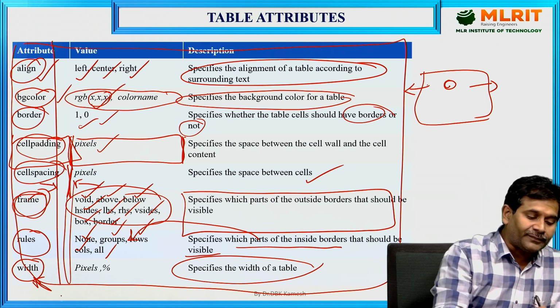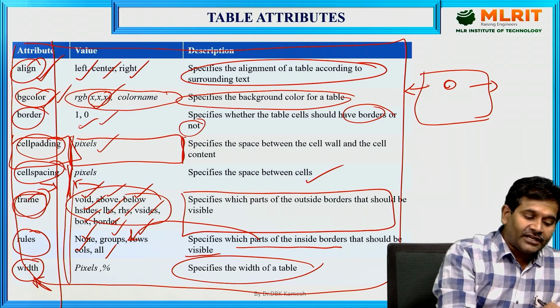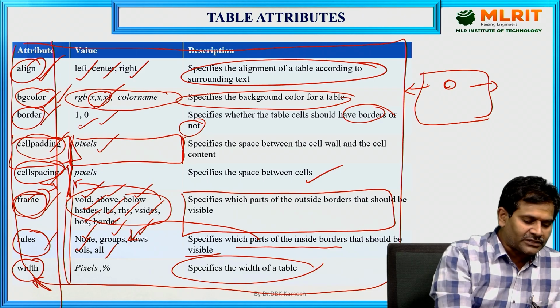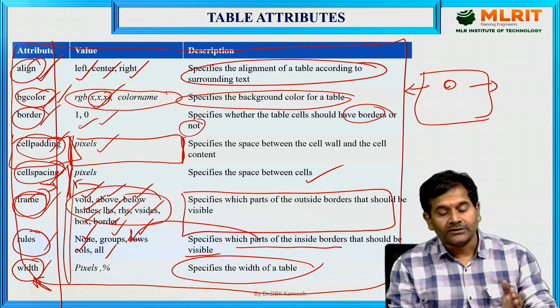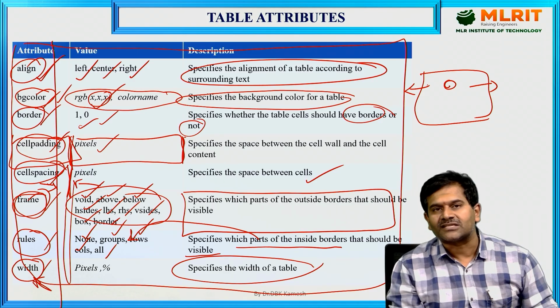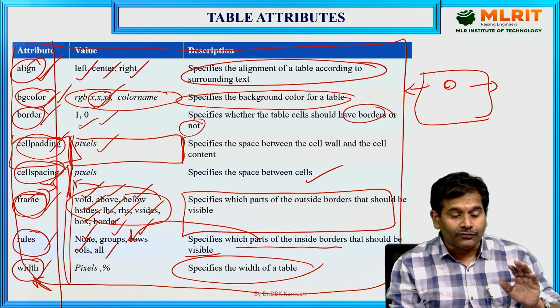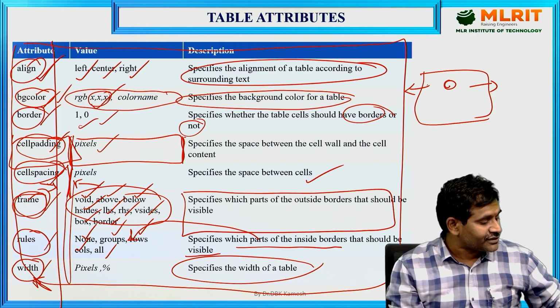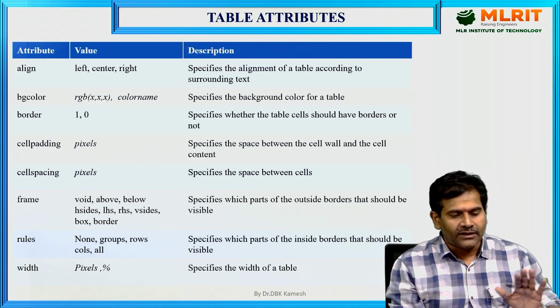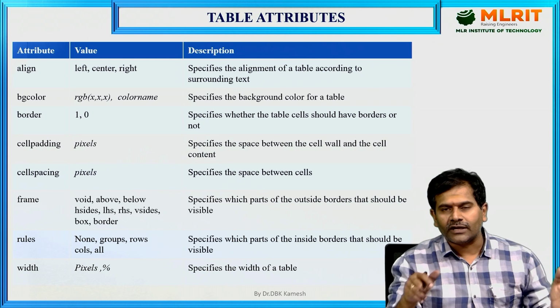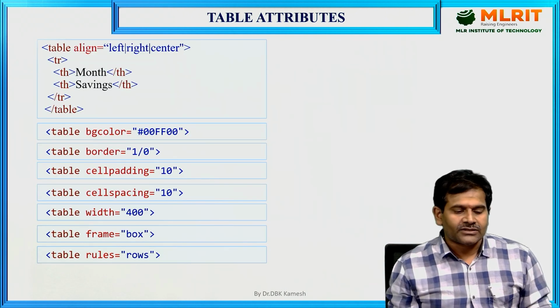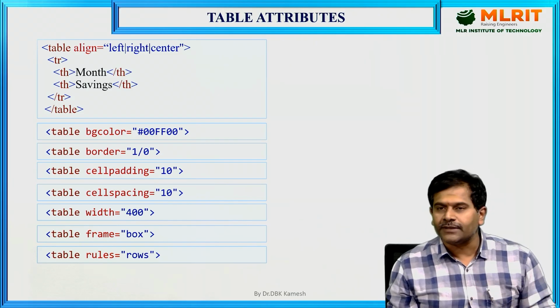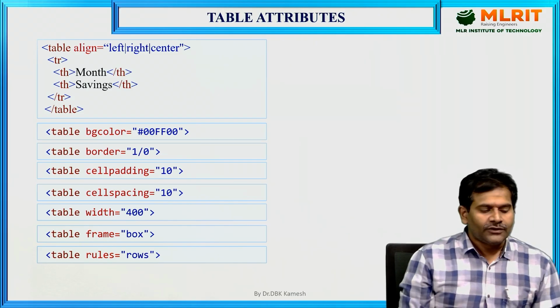These are the attributes: align, BG color, border, cell padding, cell spacing, frame, rules, width. These are all attributes assigned some value, and the description is shown in this slide. According to that, we can see what kind of attributes are available, and then we write the table according to these attributes.